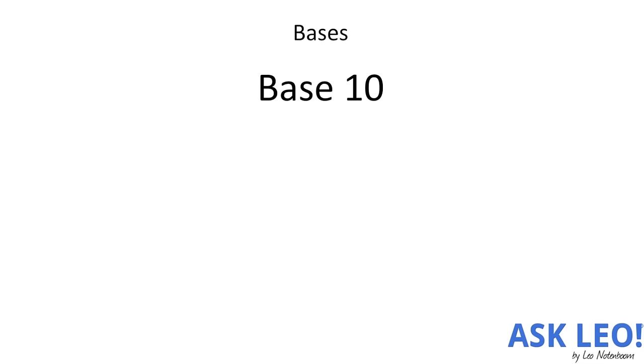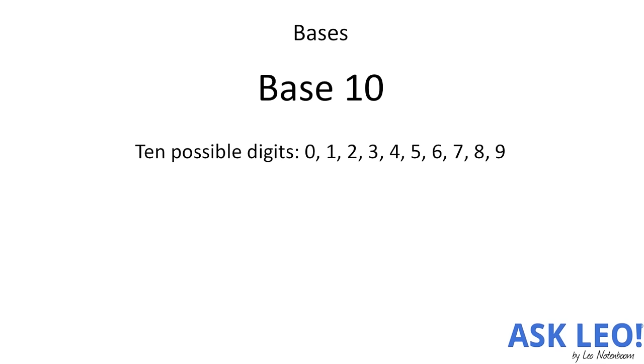Now, bases are the way that we interpret and operate on numbers. We're all familiar with base 10. In base 10, there are 10 possible digits, 0 through 9, and a number like 12,345 is represented as you see here, 1, 2, 3, 4, 5. Each of those digits represents something important.